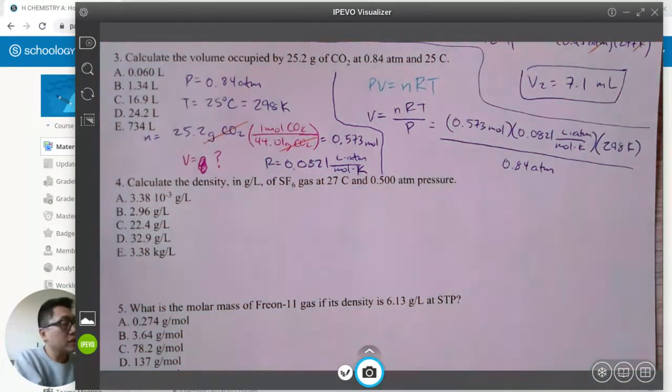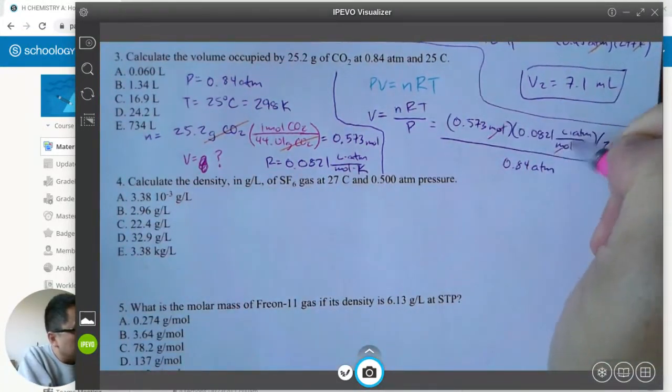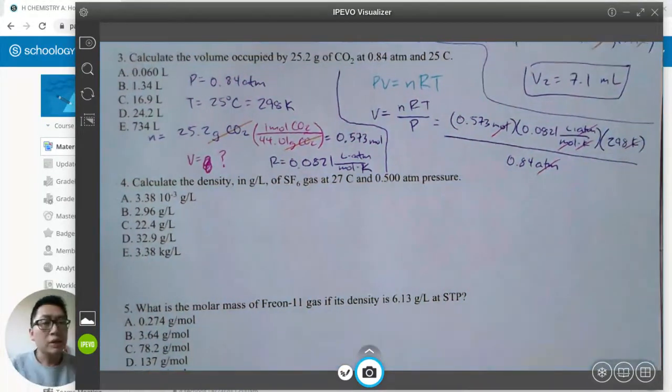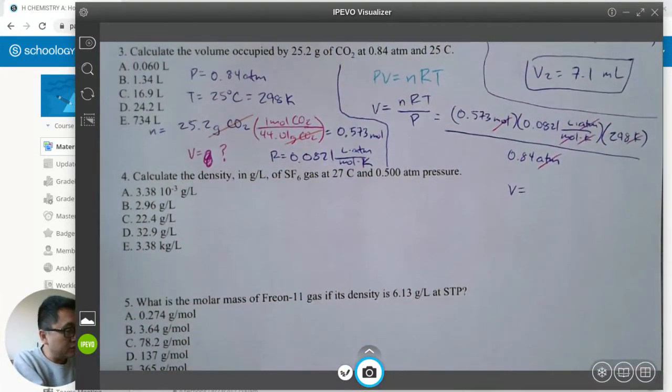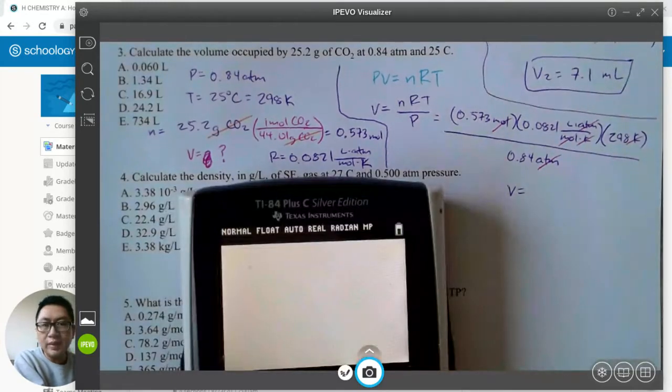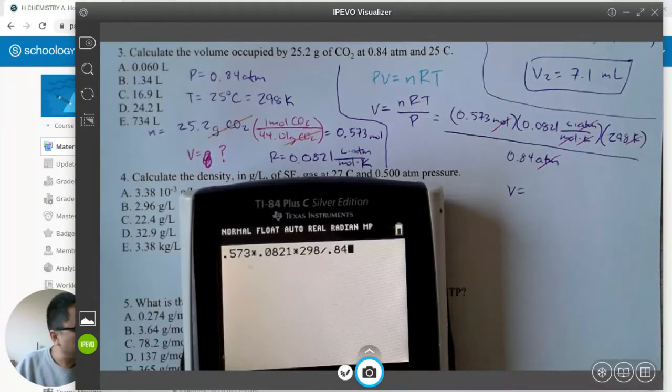Some of the units cancel out, like moles and moles, kelvins and kelvins, atmospheres and atmospheres. The only unit that does not cancel out is liters, and notice all my choices are in liters. So the volume will equal, I need a calculator for this. It's going to be 0.573 times 0.0821 times 298 divided by 0.84.